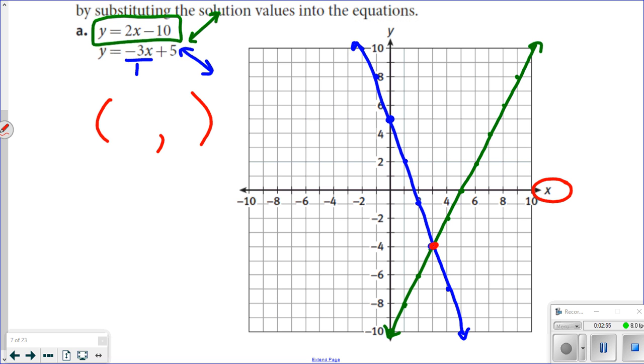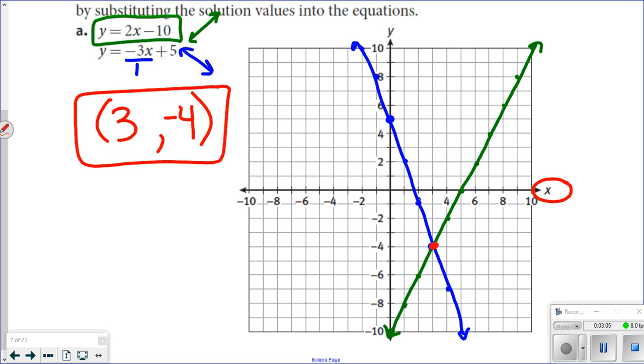I went right to, looks like, a positive 3, and then I went down to -4. So this would be my solution. What that means is when I plug in 3, -4, it makes both equations true. So 3, -4 is the intersection point. That's the answer.